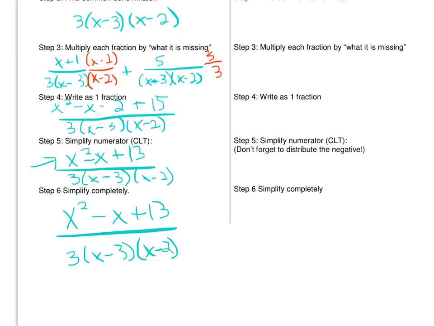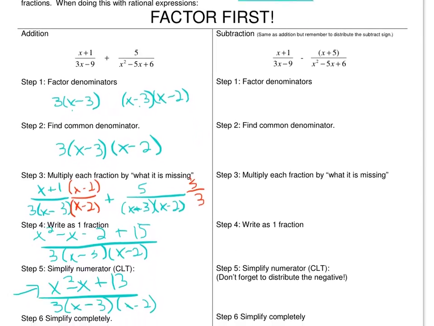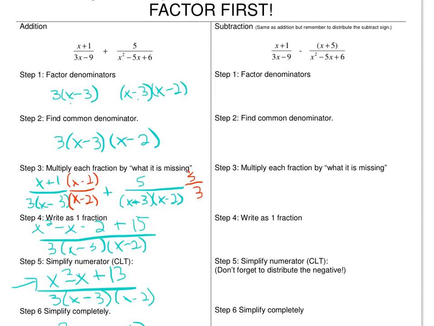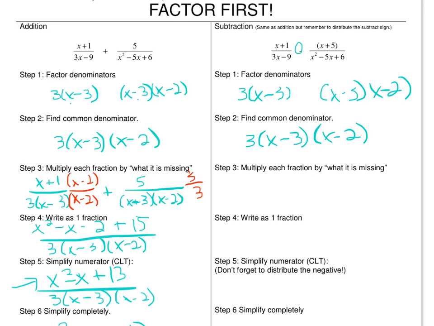Okay, now subtraction is very similar, but we just have to remember one extra step, and that is we have to remember to distribute that negative sign once we have the numerator simplified. So start the same way, factoring. x minus 2. So the common denominator will be the same as it was for the previous problem.